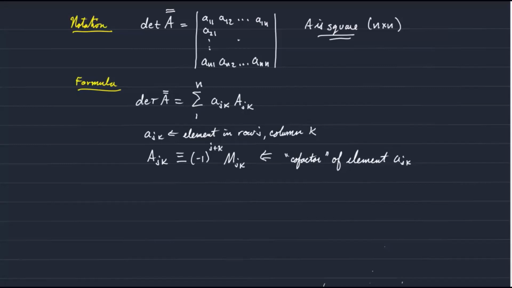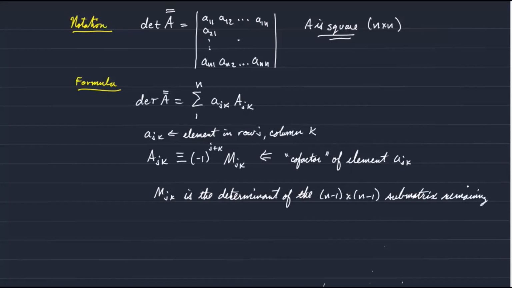So capital A_jk is the cofactor of this element, and it's composed of the product of -1 raised to the J plus K power times M_jk, and M_jk is the determinant of the n-1 by n-1 submatrix remaining when row J and column K is removed.